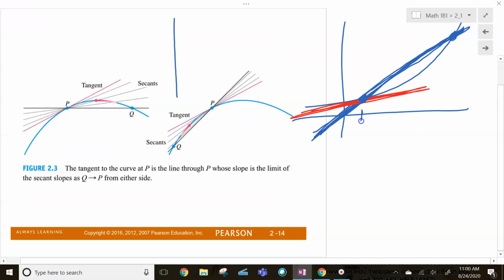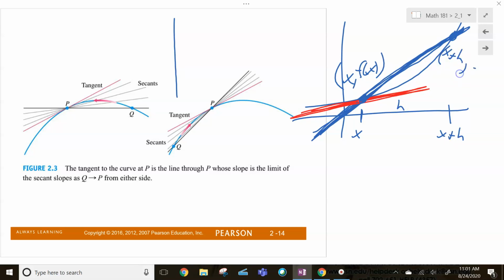So I say, okay, there's my point x. This is x, f of x. I'm going out a distance h. So this is distance h. In other words, this is the point x plus h. So this is the point up here, x plus h, f of x plus h.